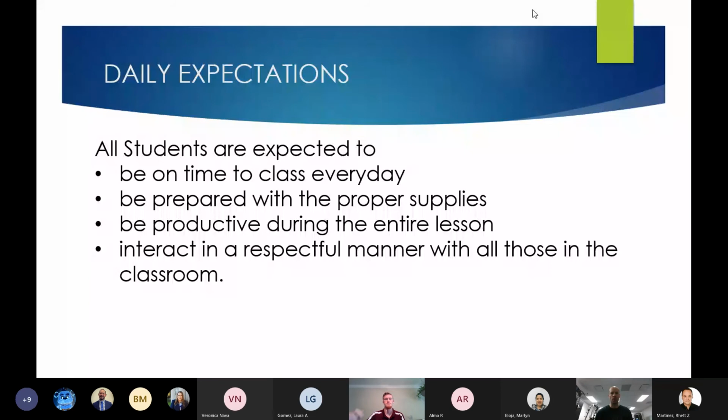So we stress to students the importance of organization, making sure that they have a way of keeping track of the materials that we as teachers give them, whether that's a notebook system or a file folder system. We allow the students to decide that generally for themselves, as long as they have a system of making sure that they're keeping their materials organized and that things are easily accessible.